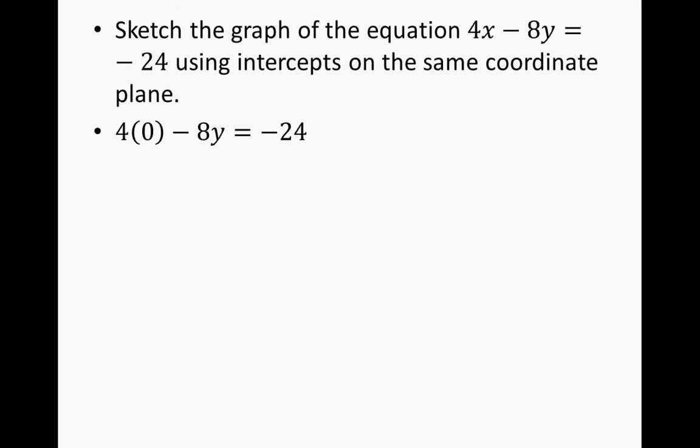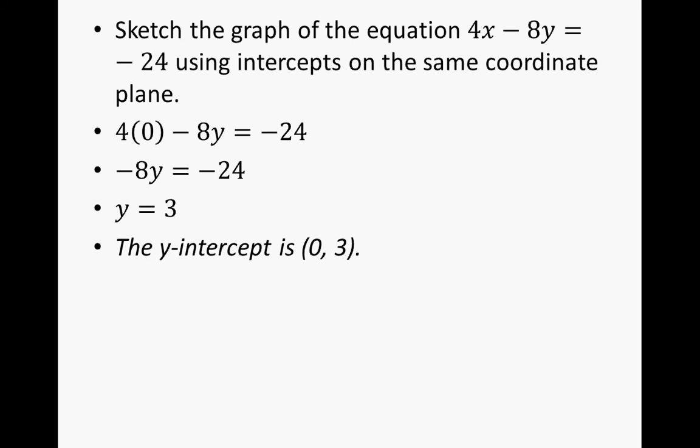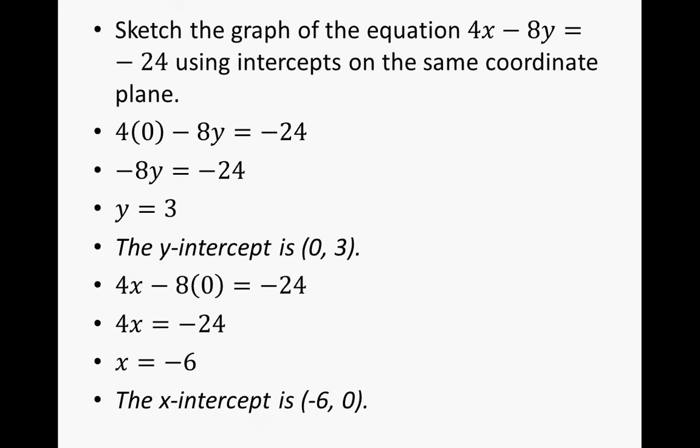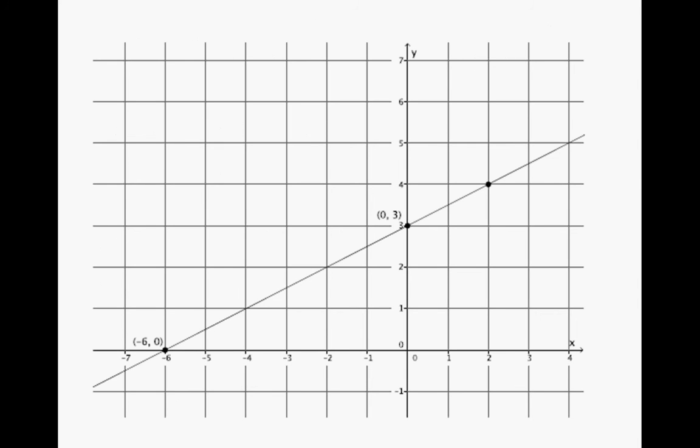Well, to figure out the y-intercept, you would have gotten y is 3, so the y-intercept is (0, 3). And by replacing y with 0, you would have figured the x-intercept to be at negative 6, so the x-intercept is (negative 6, 0). And your graph should look like this.